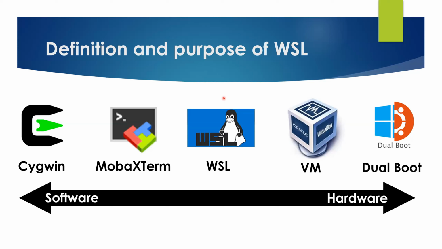So WSL offers two versions known as WSL 1 and WSL 2. WSL 1 utilizes a compatibility layer, which we'll go into a bit more detail in a moment, to translate system calls, whereas WSL 2 introduces a full-fledged Linux kernel.